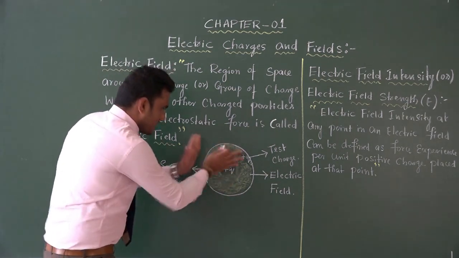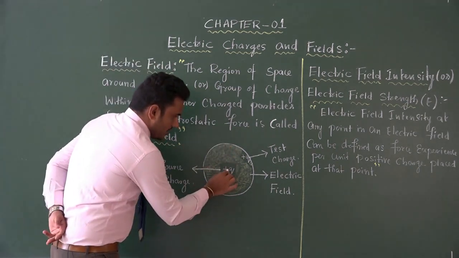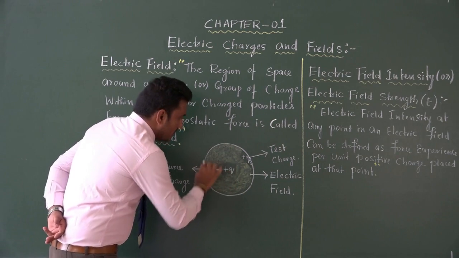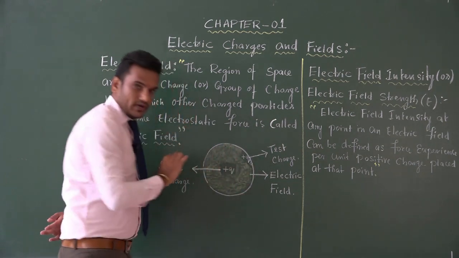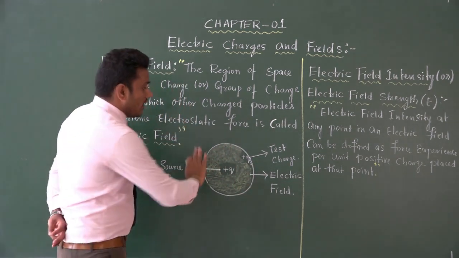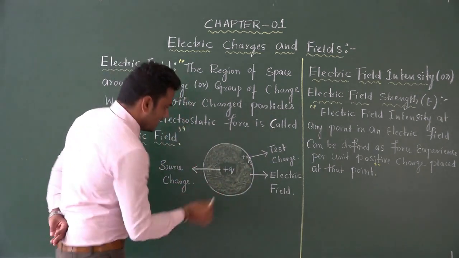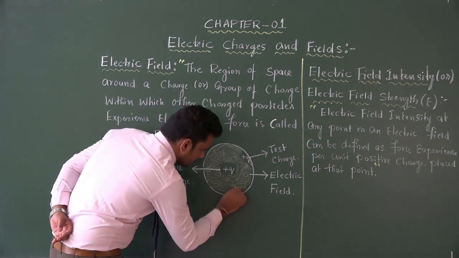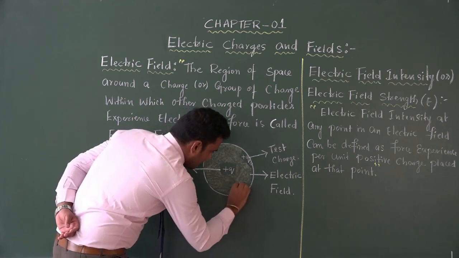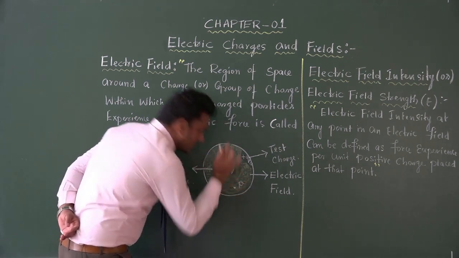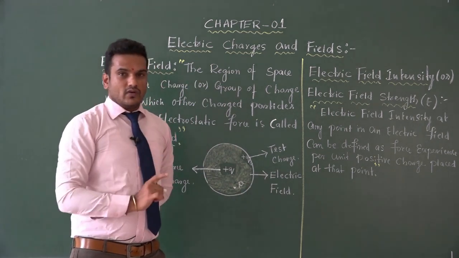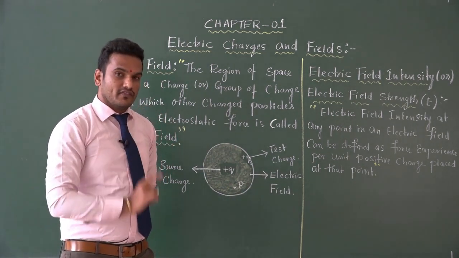Let us consider the same diagram. So this is a point charge or a source charge producing electric field around it. Now at any point in the electric field, say this point P, we need to calculate the strength of the electric field.